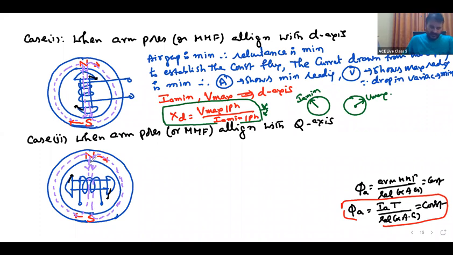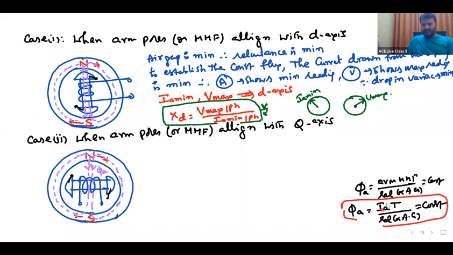But now the armature flux phi finds maximum reluctance. When reluctance is maximum, from this relation, along the quadrature axis the air gap is maximum, the reluctance is maximum, the denominator is maximum, so the numerator must also be maximum.